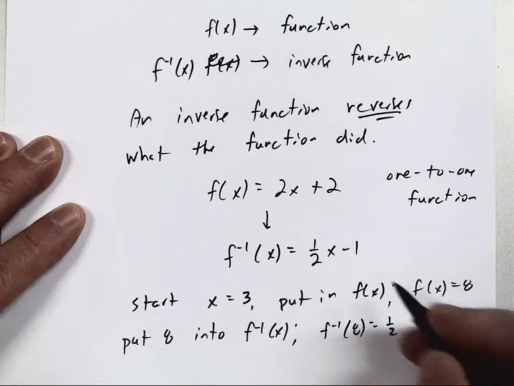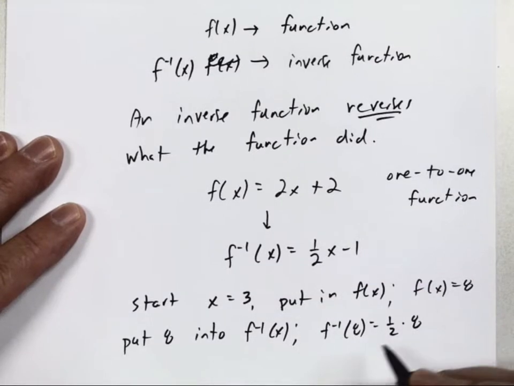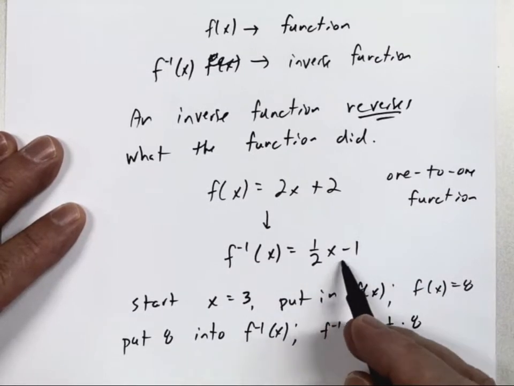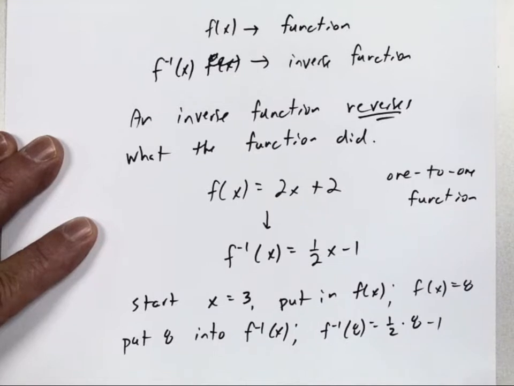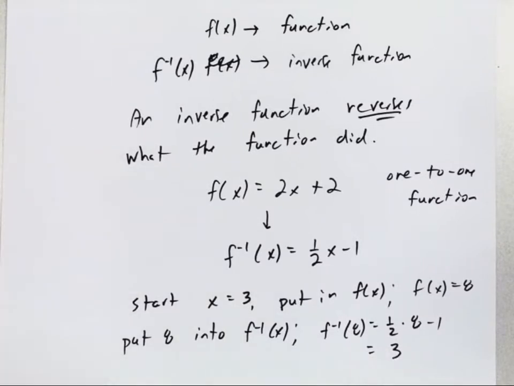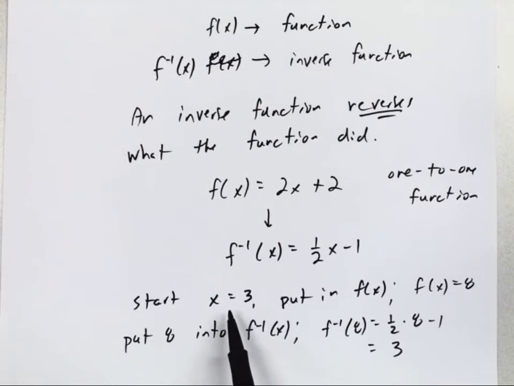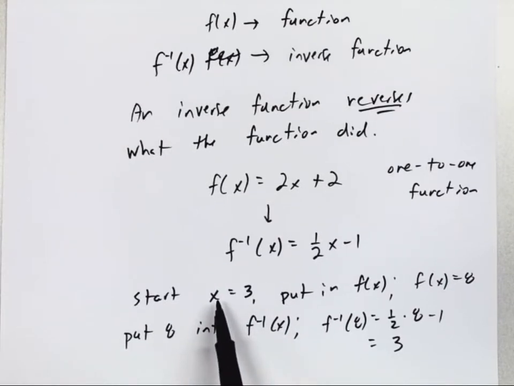So 1/2 times x, x is 8. I'm sticking 8 into my inverse function, minus 1. 8 times 1/2 is 4. 4 minus 1 is 3. And look what happened. When we started up here with the original function, we said let x equals 3.